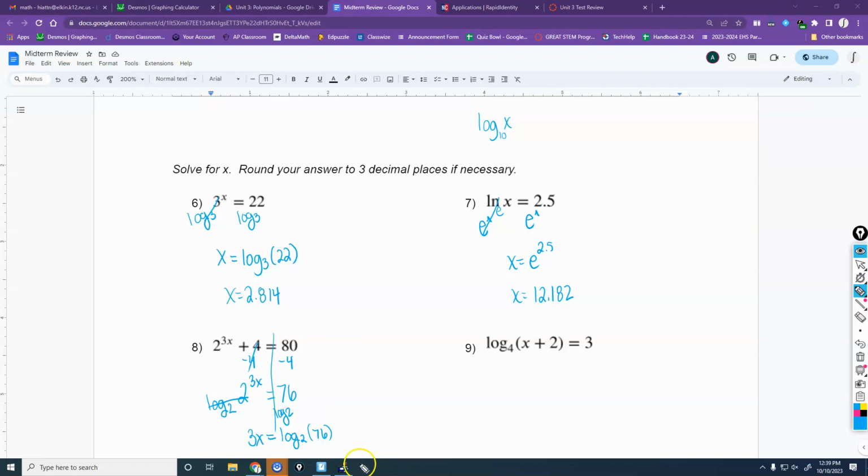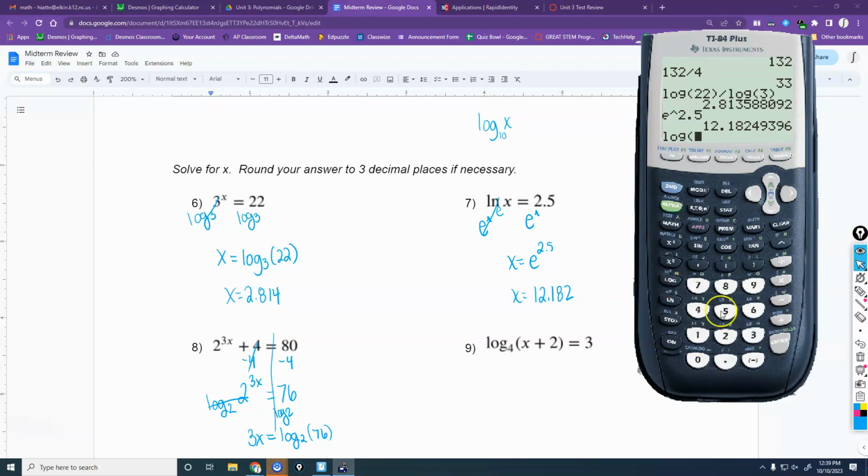And log base 2 of 76 you can just figure out in the calculator or on Desmos. So log 76 divided by log of 2. And that's going to give us 6.2479. So we got 3x equals 6.24792, and so on.